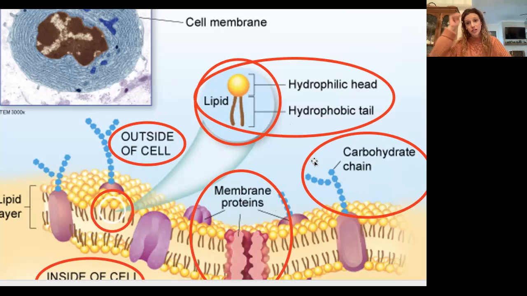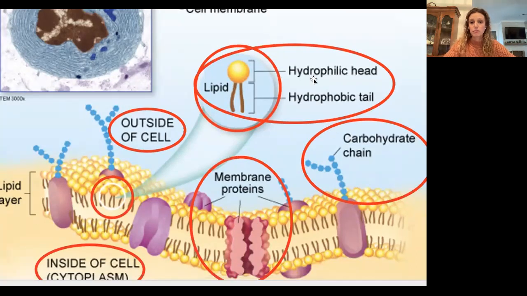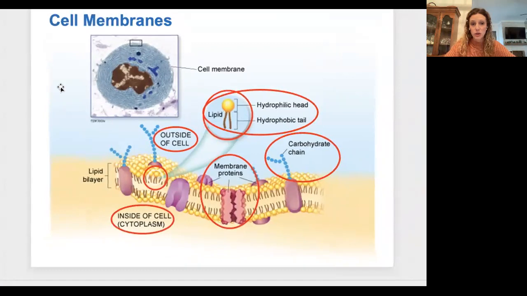So Mr. Phil puts his top hat on. The water loving head of the lipid is opposed to the hydrophobic, the water hating tail. So philic, Mr. Phil's top hat, head, water loving. After you redraw that, that's what I want you to take away from this slide.